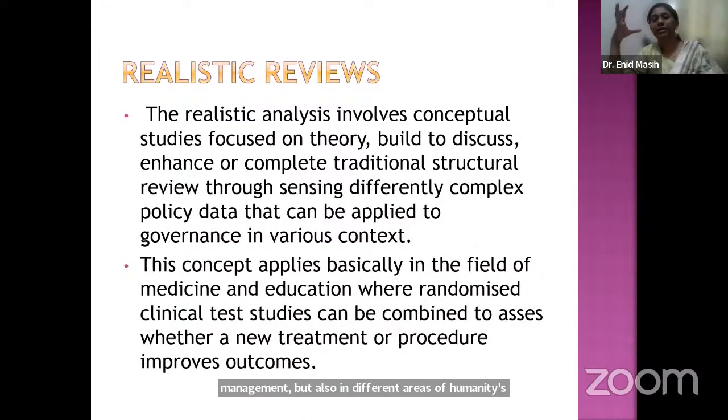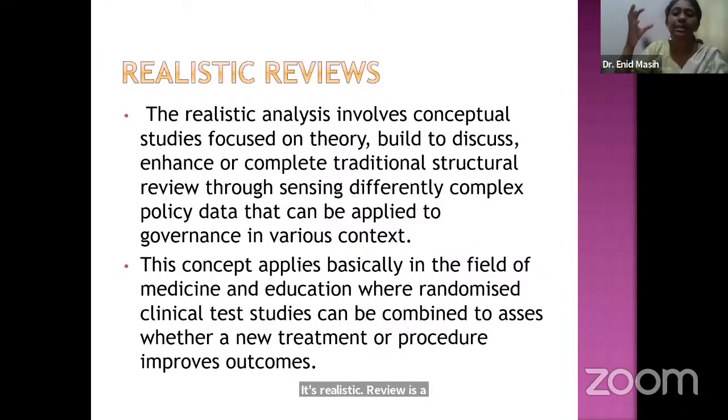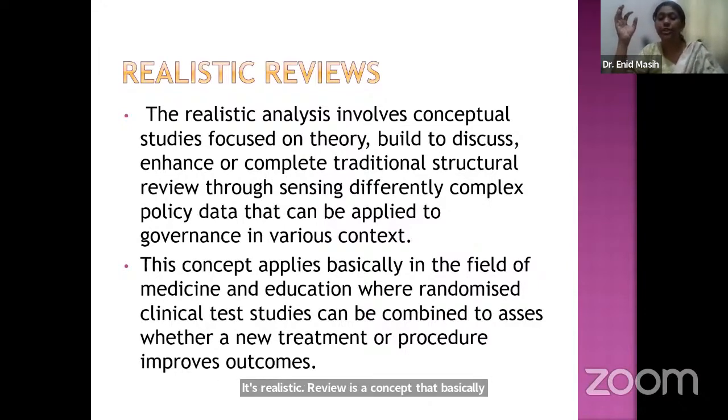So when we talk about a realistic review, it is a concept that basically applies in the field of medicine and education, where randomized clinical trial studies can be combined to assess whether the new treatment or procedure improves the outcome.